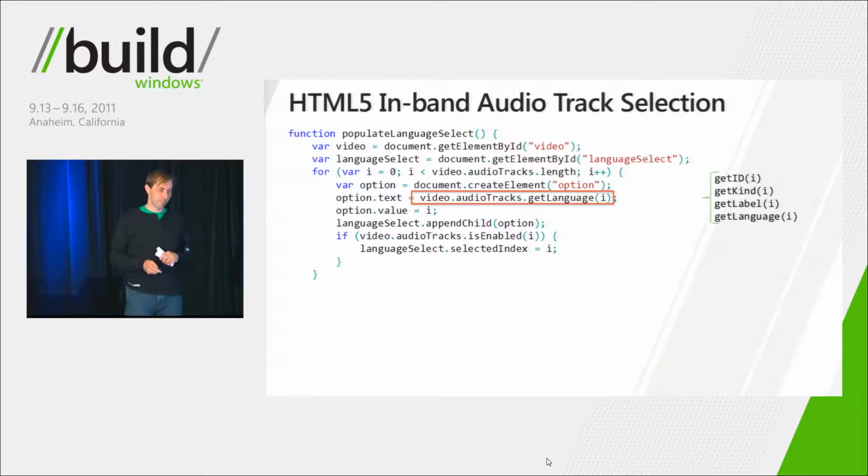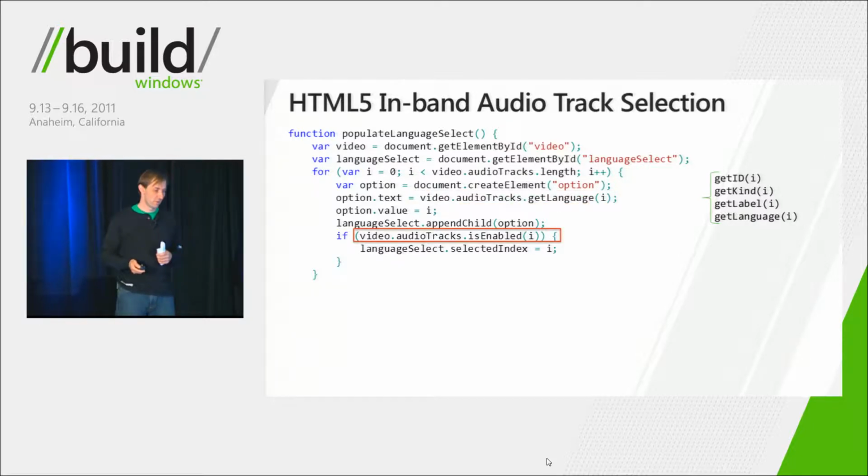We can get the language from the current track, but we could also get the ID or the kind or the label if those are populated in your content.